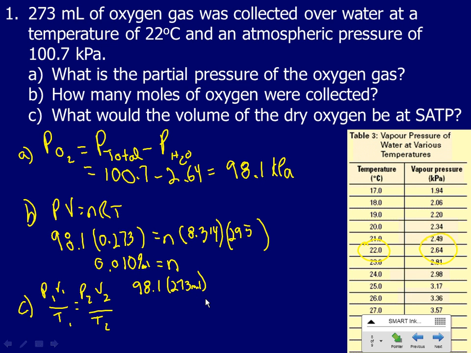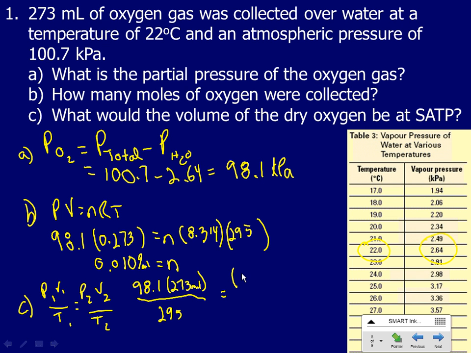T1. What's the temperature we did our experiment at? 22. It's got to be in Kelvin. 295. P2. What's standard ambient pressure? Yep. That's standard pressure. So it's the other one. Standard ambient pressure.